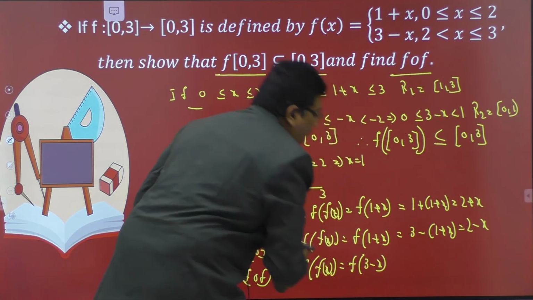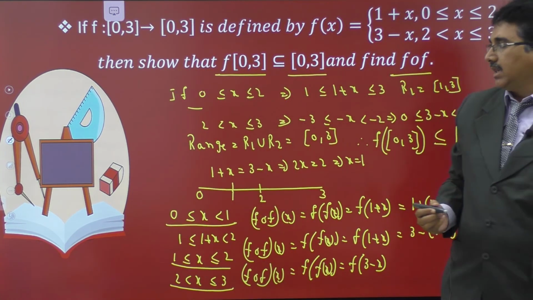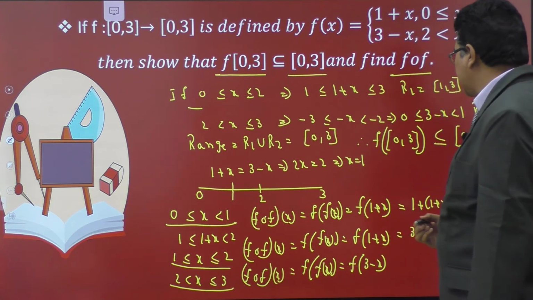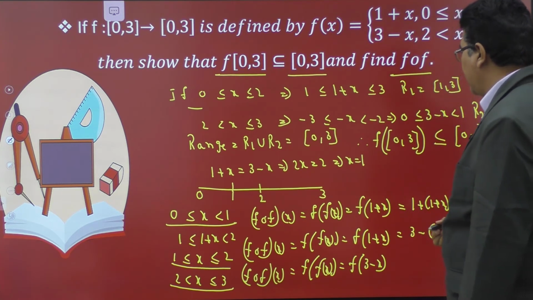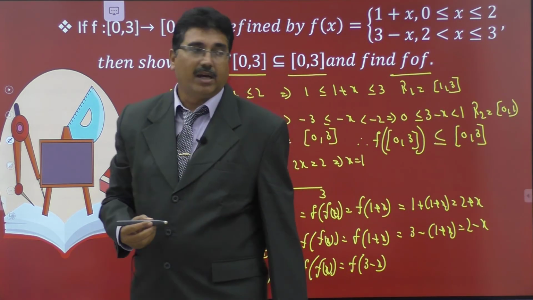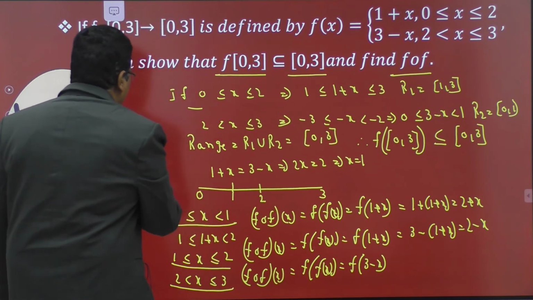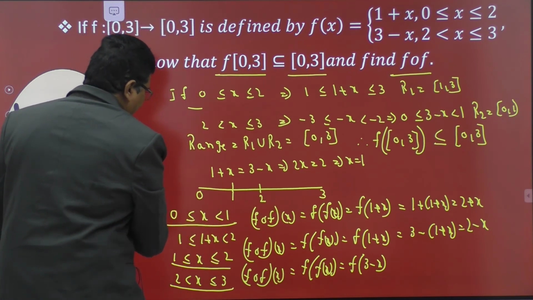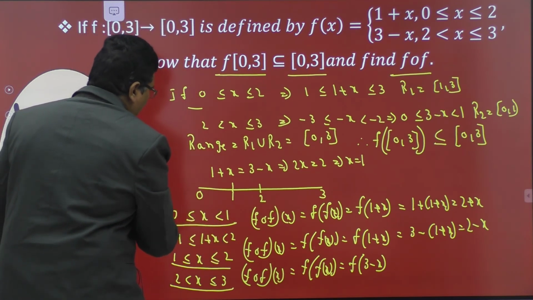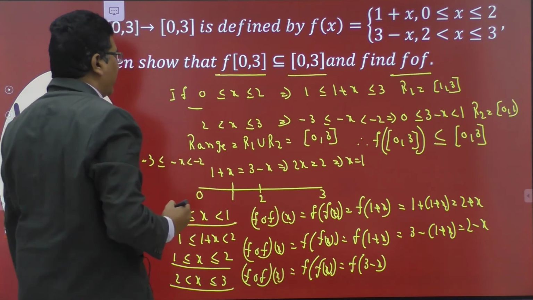X lies between 2 to 3, now multiplying this with a minus sign, minus 3 less than or equal to minus x less than minus 2.